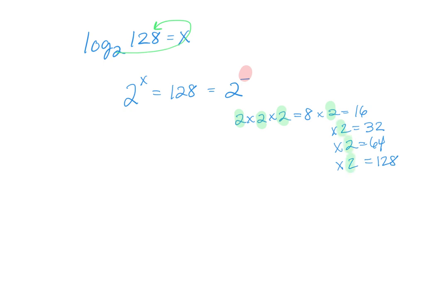So that means that 2 to the 7th is equal to 128. So what I have is 2 to the x is equal to 2 to the 7th. So since these two numbers are equal and my bases are both 2, that means that x has to be 7. So we can write x is equal to 7.